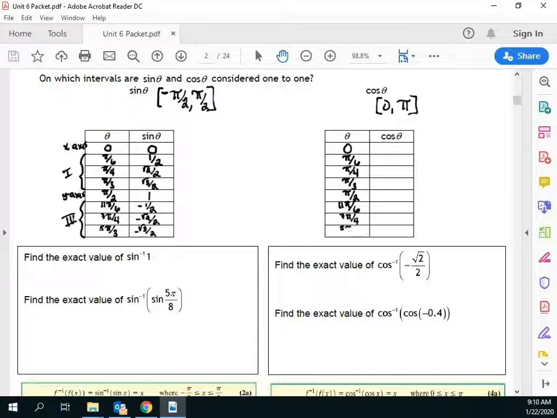Whoa. Sorry, guys. What do we say we have to do with cosine? What are we restricted to? What does the interval above it say? 0 to pi. I accidentally went pi over 2 and negative pi over 2, right?